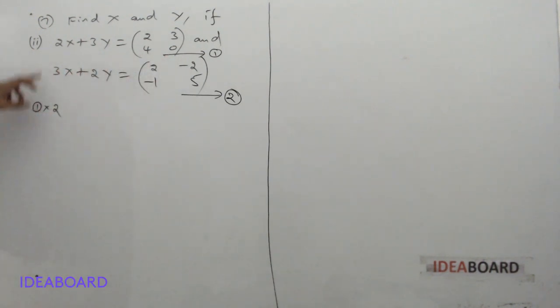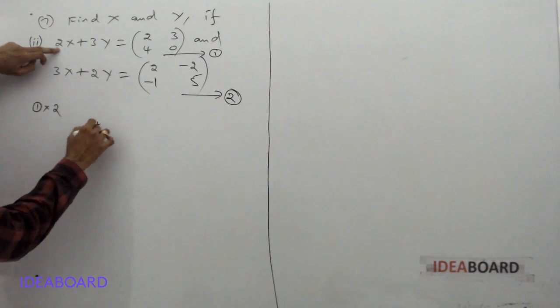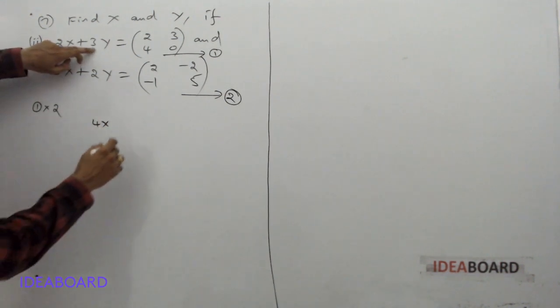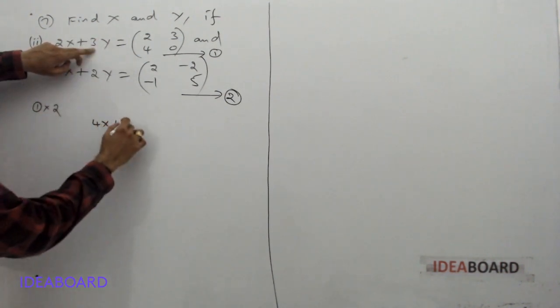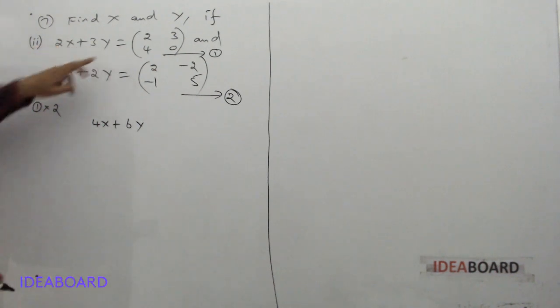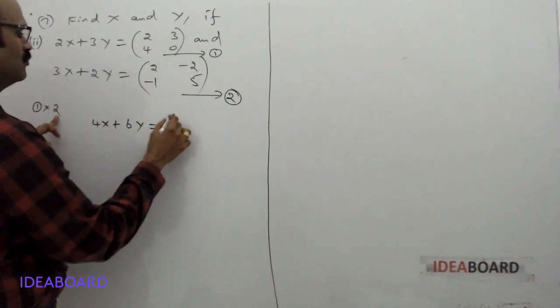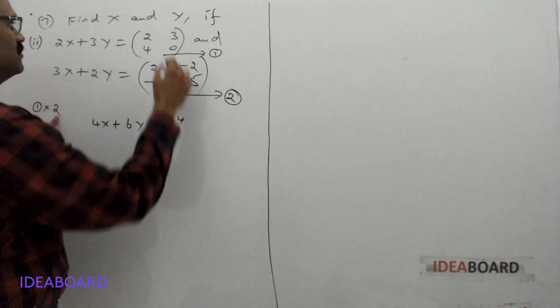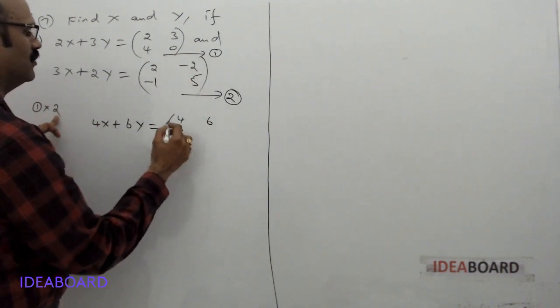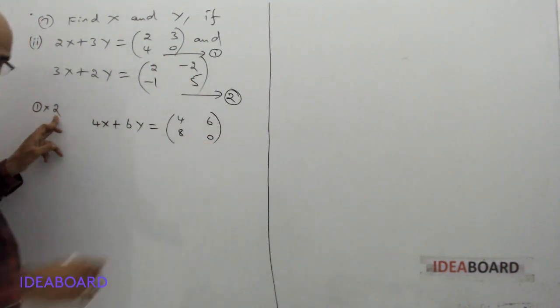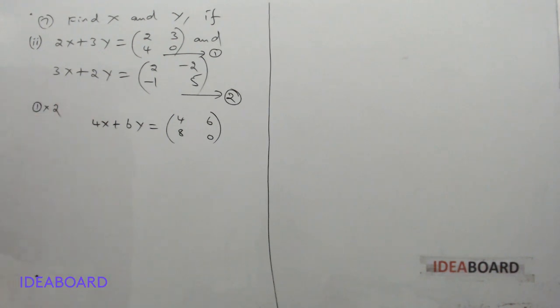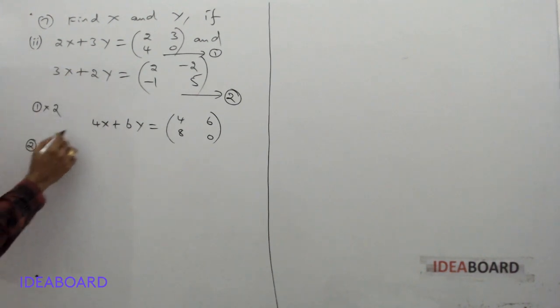So 2 into 2, 4x plus 2 into 3, 6y equal to 2 into 2, 4, 2 into 3, 6, 2 into 4, 8, 2 into 0, 0. Next, multiply the second equation by 3.